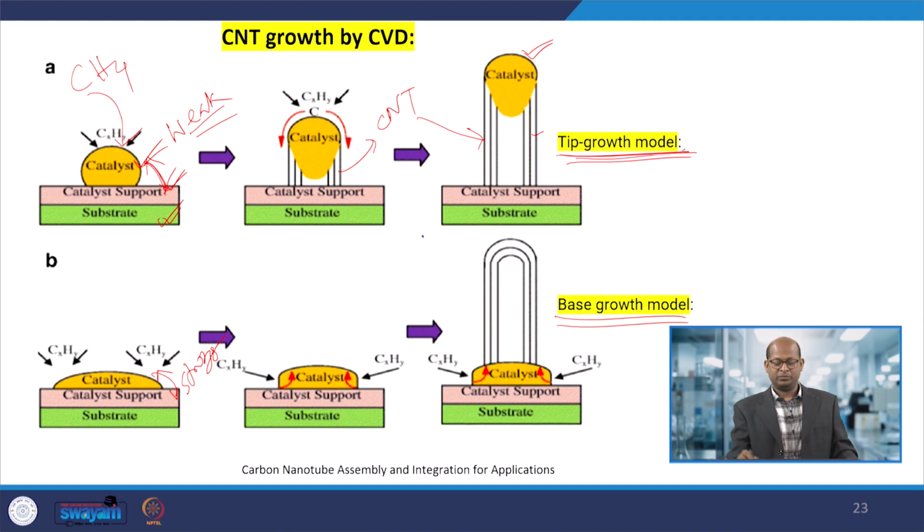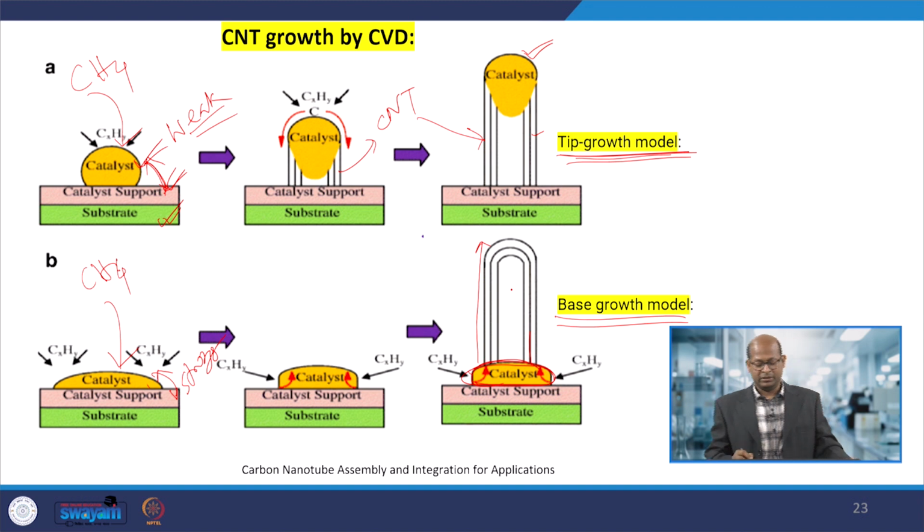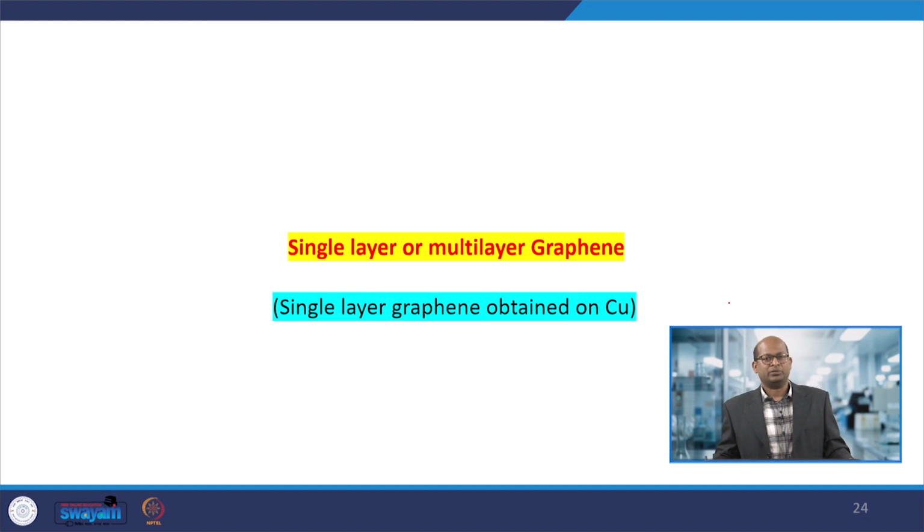That is called tip growth. When the same reactants interact with the catalyst and the catalyst and support interaction is very strong, the catalyst remains attached to the substrate or support and does not detach. As a result, the CNT gradually forms and grows like this. This is called the base growth model.